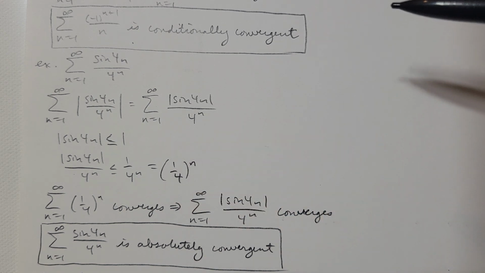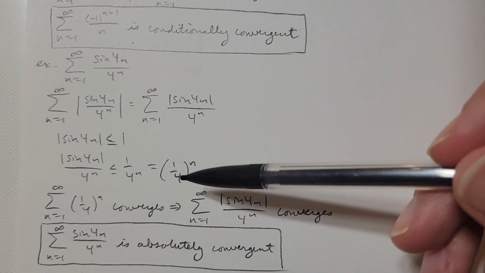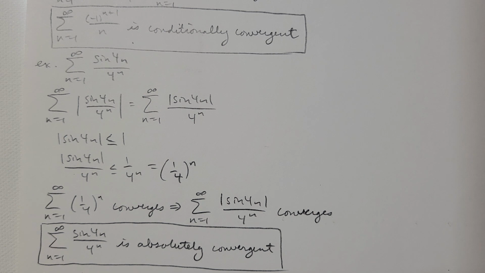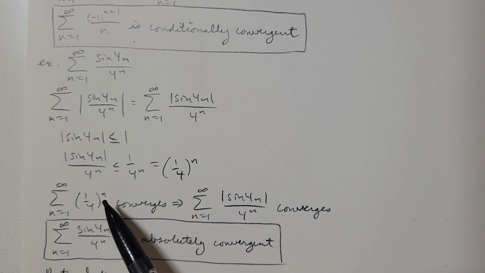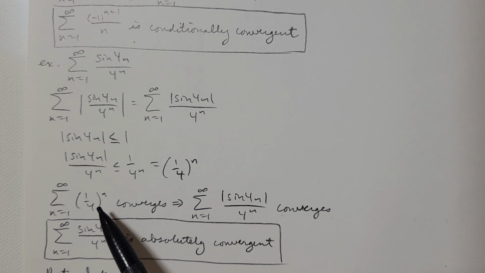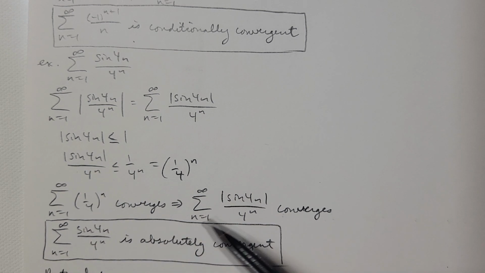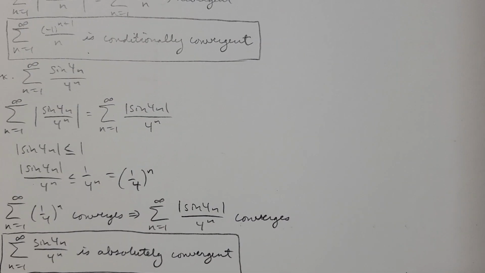Now, 1 divided by 4 to the n is the same as (1/4) to the n. And the summation as n equals 1 to infinity of (1/4) to the n is a geometric series, and the r value is 1/4. The a value would be 1, right?